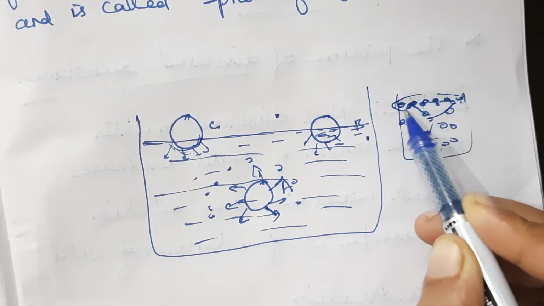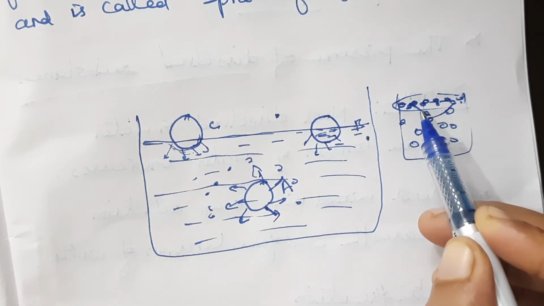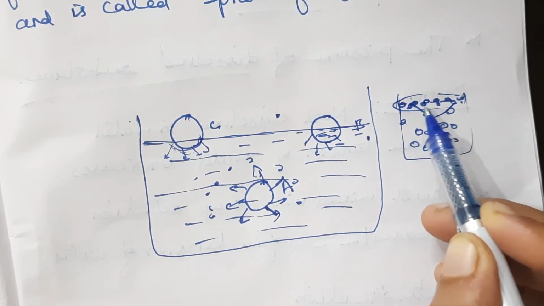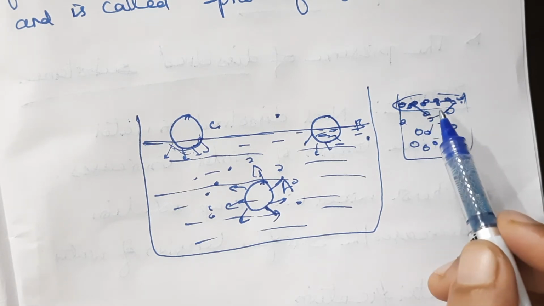So this will act as a stretched membrane and it is trying to contract the area. This is known as surface tension.